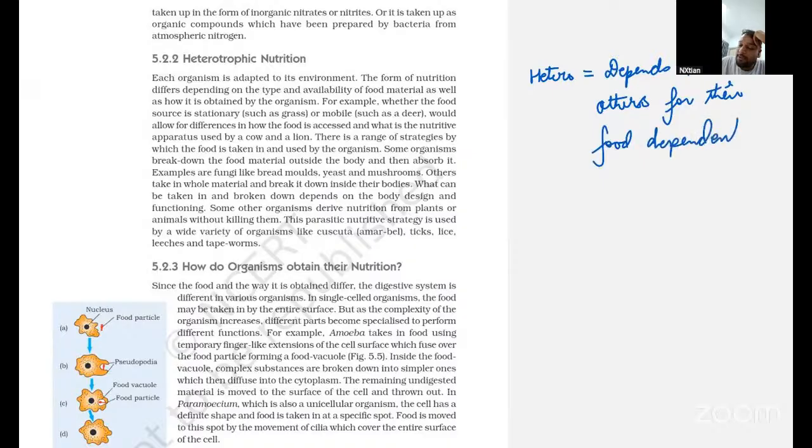They can't make their own food. They depend on others for the food preparation, for their own food. That is called heterotrophic nutrition.